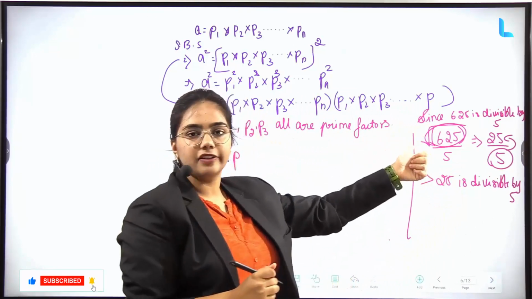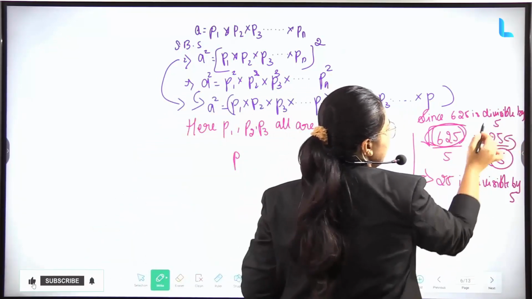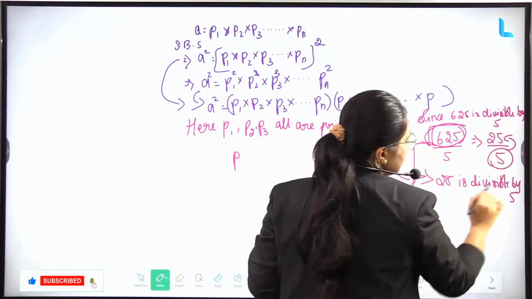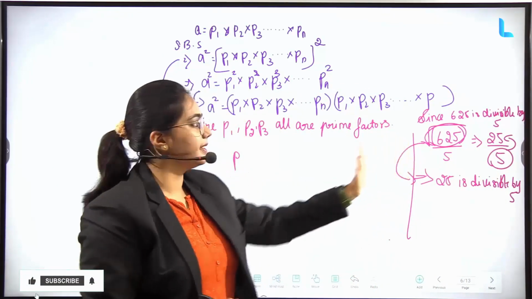See, 625 is a number which is divisible by 5. Hence the whole number 25 is also divisible by 5. This is a numerical example.